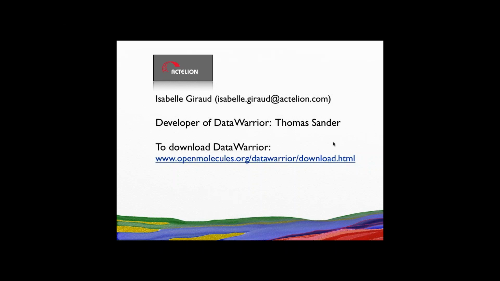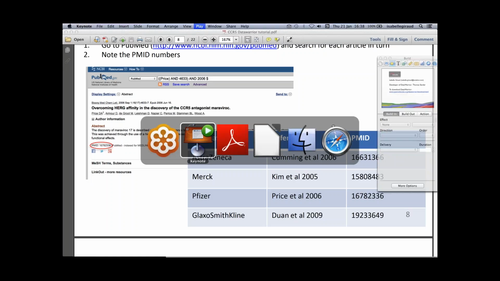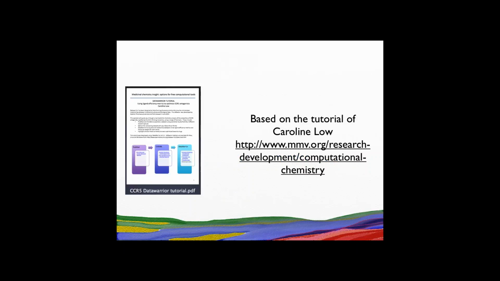If you haven't done so yet, you can download DataWarrior on this web page. It's the OpenMolecules website. I'm going to give a demonstration of DataWarrior, and I will base this demonstration on the tutorial of Karin Lowe.